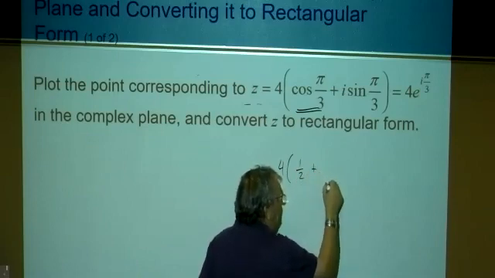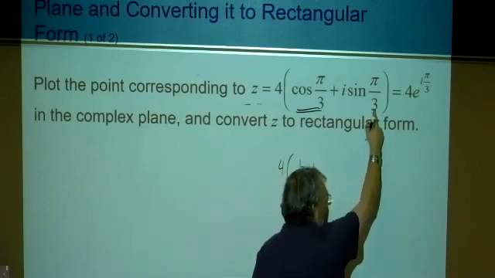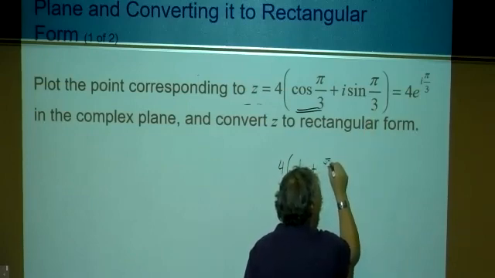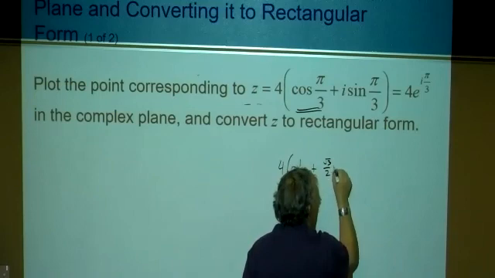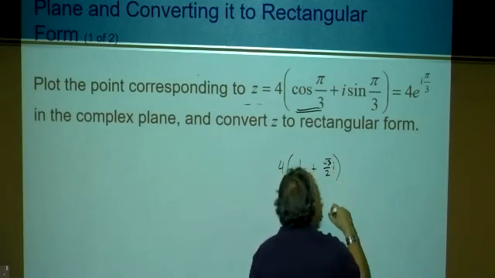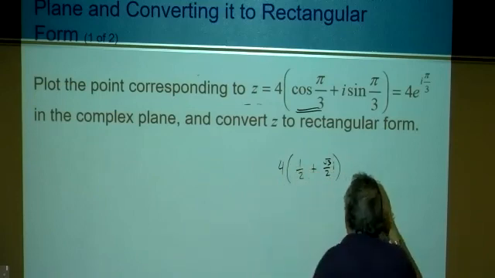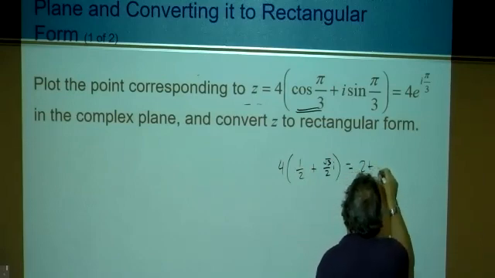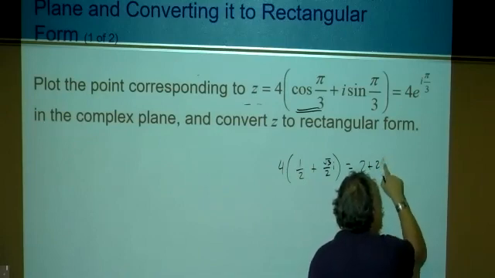Plus. And what's the sine of that same angle? Isn't that the square root of 3 over 2? And I put I second in that case. And then I multiply in by the 4, which gives me 2 plus 2i square roots of 3.